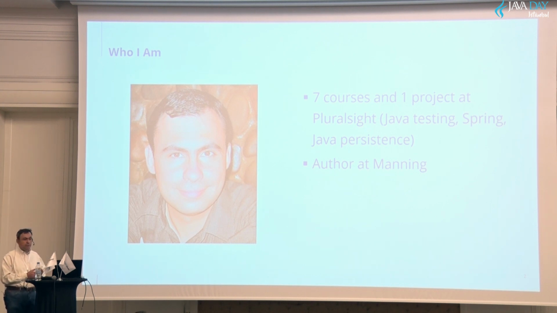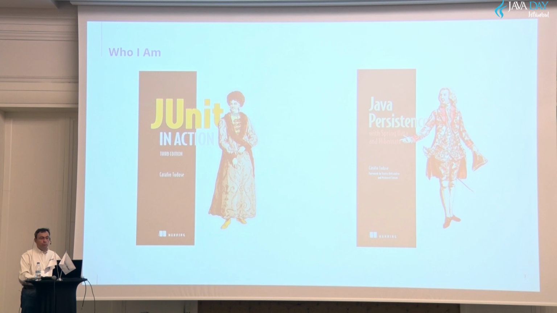I created the courses and the project for Pluralsight, and I wrote these two books for Manning, JUnit in Action, published in November 2020, and Java Persistence with Spring Data and Hibernate, published January 2023. So our talk is really close to my usual regular activities.